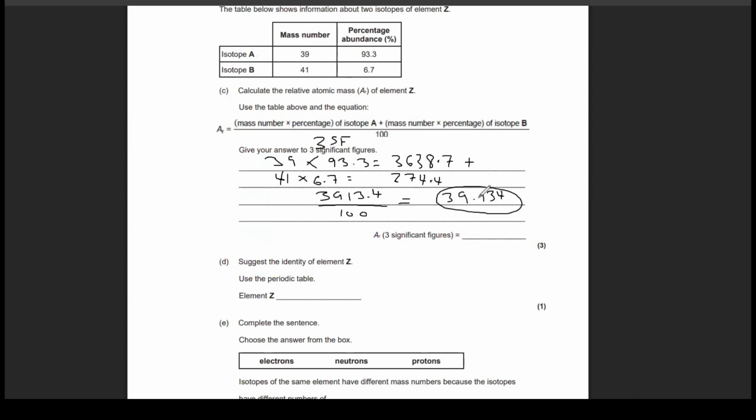So 3, 9, and 1. Do we need to round it up? No. If that was 5 or above, we'd round it to 39.2, but we're going to keep it as 39.1. So 1 mark for any of your working out successfully done there, 1 for the answer, 1 for the correct rounding. Right, let's zing on.